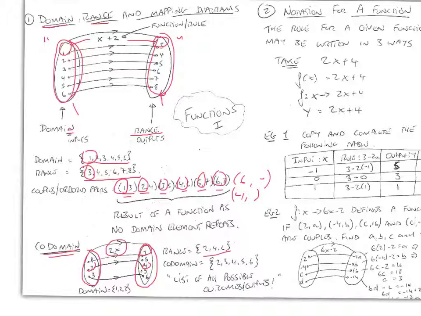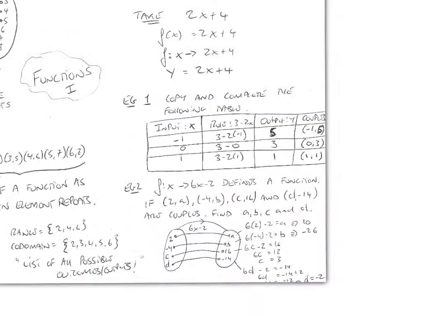So our range is our set of output values, the set 2, 4, and 6. But our codomain is all the possible values that were listed here. So 2, 3, 4, 5, 6 were what was listed here, but we only actually landed on 2, 4, and 6 applying our rule. So the codomain is just known as the list of all possible outcomes or outputs.